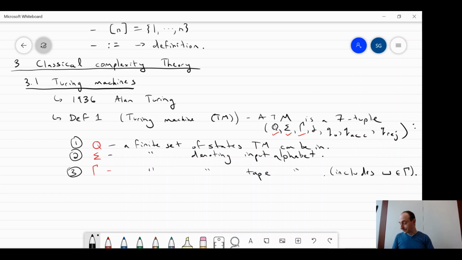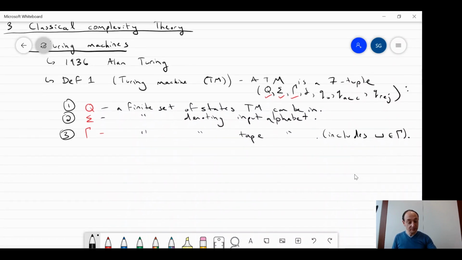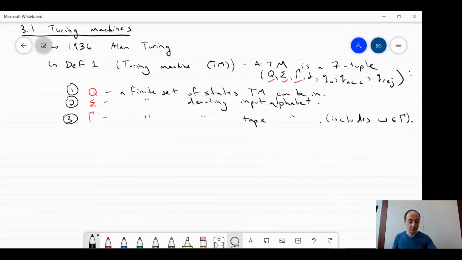Good. So now we can talk about the states of our machine, and what kind of symbols we're allowed to play with. And then, of course, we need to know about the behavior of the machine, and that's fully specified by this function delta. So here's delta. Let me give you a specification for this, mathematically speaking.